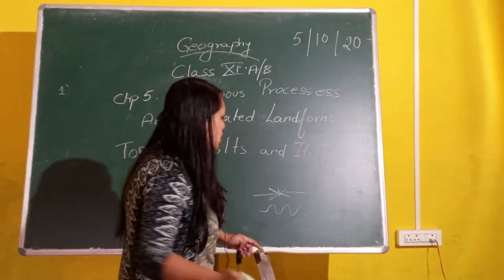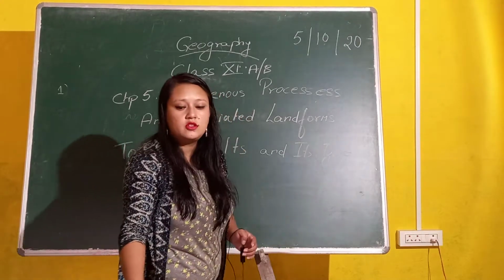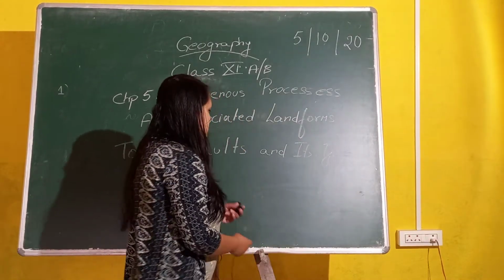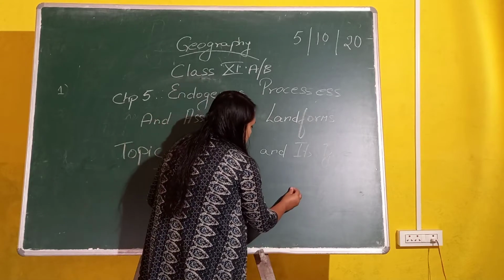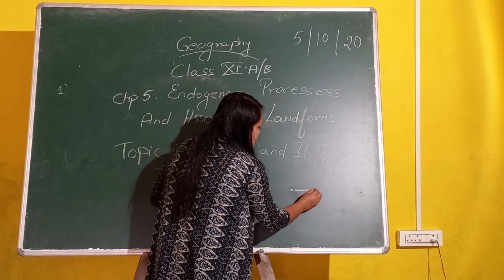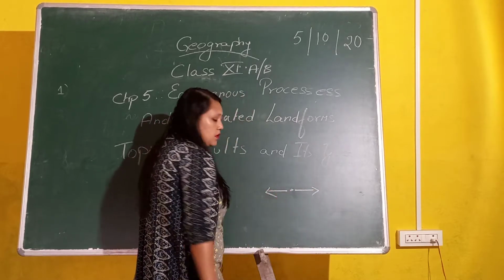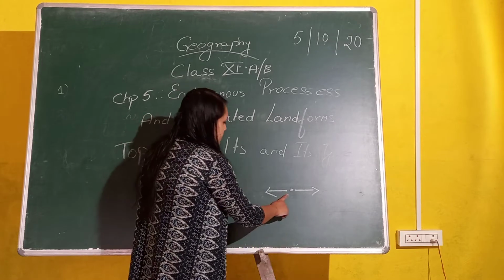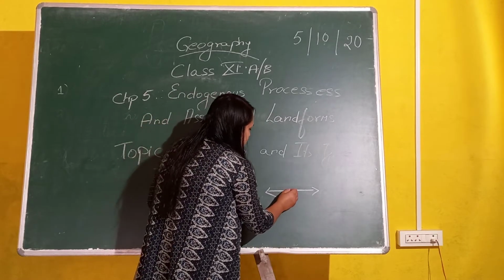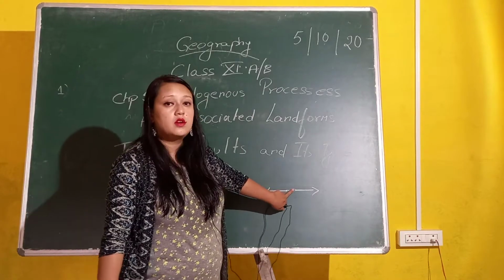Faulting is caused by tension. Tension means when from a single point the force is acting away from the point. This causes breakage on the surface of the earth or the earth's crust.